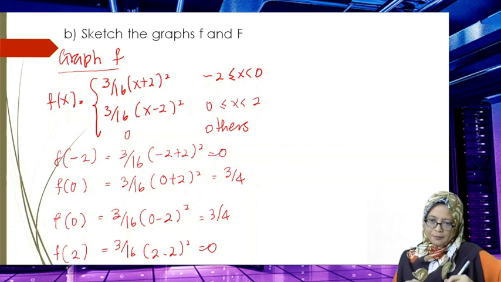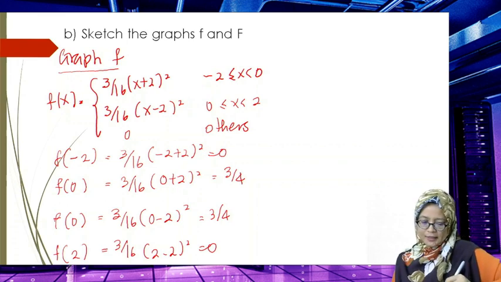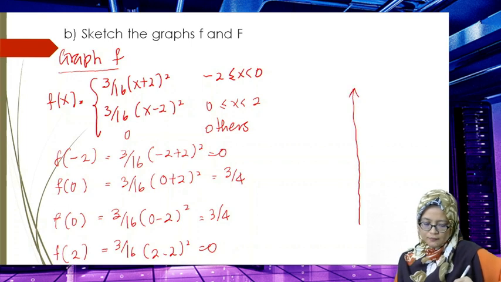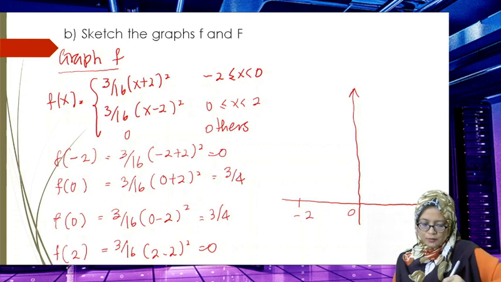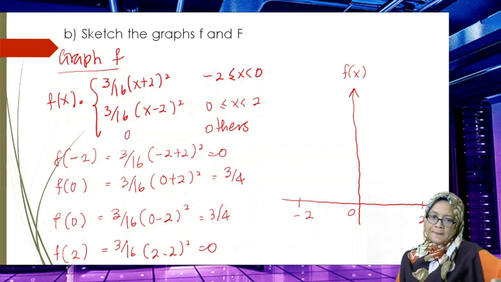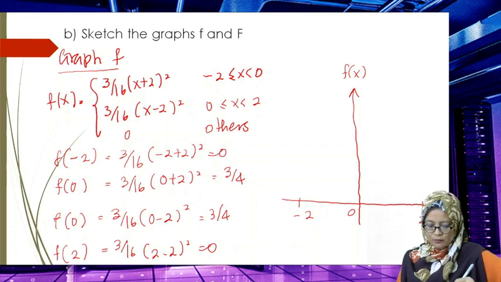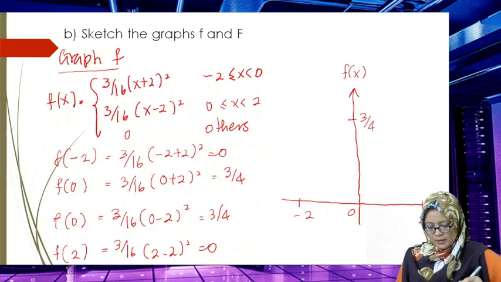Okay, so based on the values we have, we will draw our graph. So negative 2, 0, 2. So this is f(x), and here is x. So we have 0 with 3/4. Here is 3/4. f of negative 2, f(x) is 0.